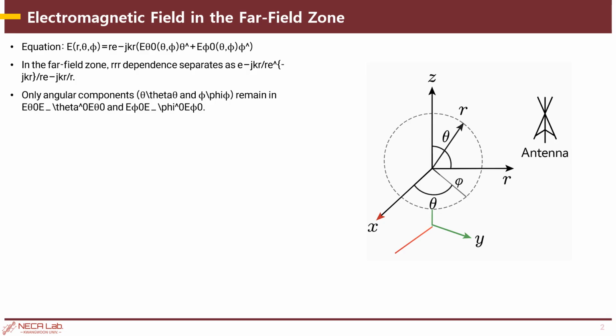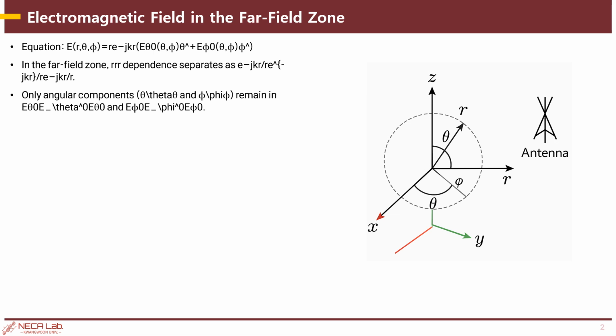So let's talk about the electromagnetic field in the far field zone. First, the equation shown here represents the far field approximation of the electric field. And this simplifies the field representation at large distances from the antenna. In this region, the R dependence separates out, leaving a simple expression like e to the power minus jkr by r.